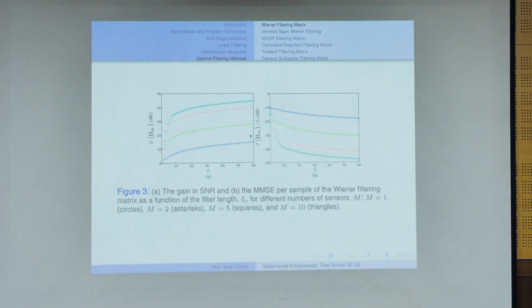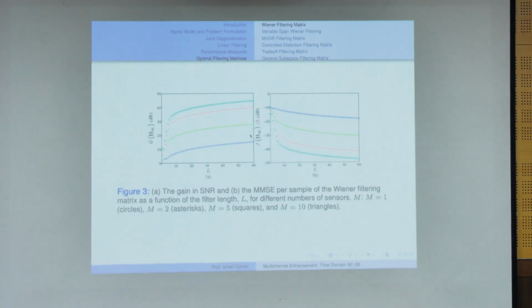Another observation: when we take 2 sensors compared to 1 sensor, there is a big jump in the output SNR. But when we increase from 2 to 5, it's less. The jump is less than the jump from 1 to 2.